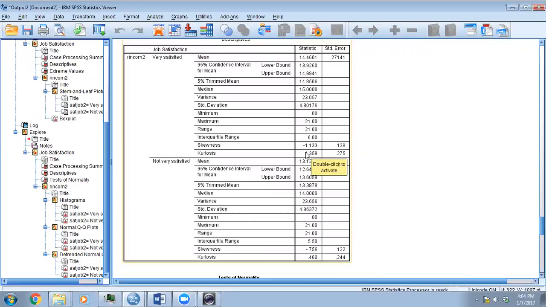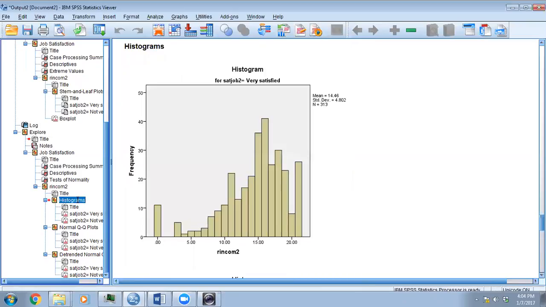These values range from +1 to -1, so we want them to be near 0. We do see some sort of negative skewness in the data. The data is a little bit negatively skewed, and that could be verified using the histogram.